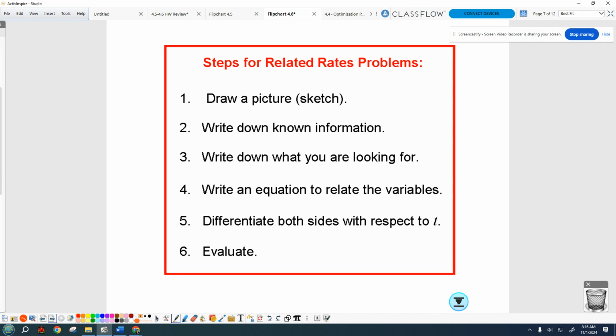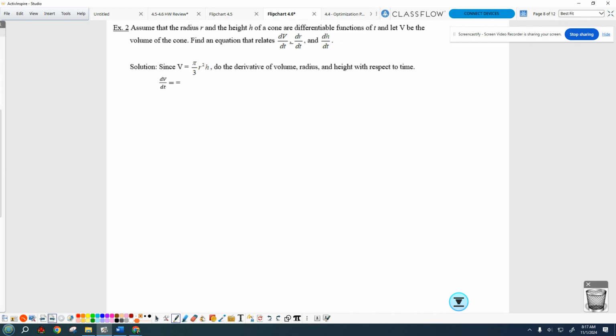I think you learned it before that. According to the curriculum, it used to be introduced in 3rd grade. I don't know that you knew what squaring things was then, but anyway. So, here's the process. Pull all the information out that they tell you, look for a way to connect things, do the derivative of everybody with respect to t, and then evaluate.